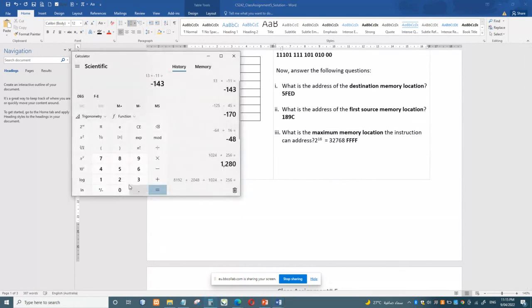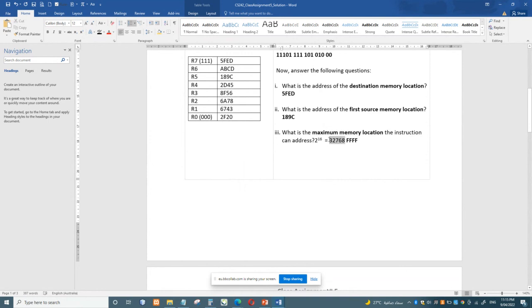Just check. 2 to the power 16 is 65,536. Sorry. This number of bytes can be accessed in register addressing mode. But what is the maximum memory location? The lowest memory location is 0000, because that's 16-bit, and the maximum memory location is FFFF.